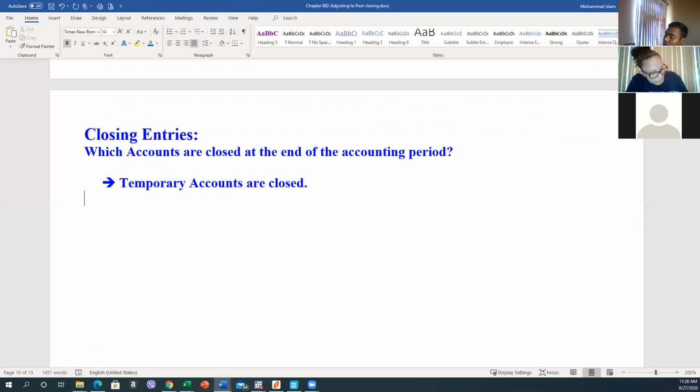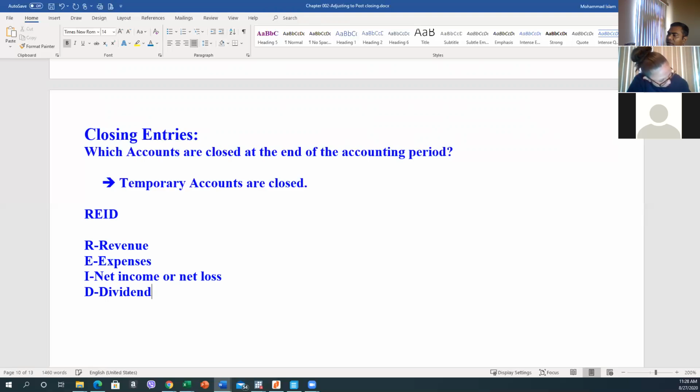REID. R means revenue, E means expenses, I means net income or net loss, and D means dividend.